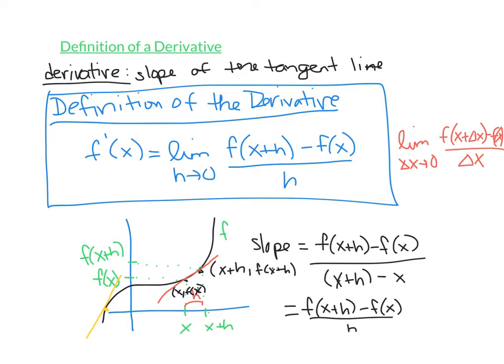So in order to change this secant line to a tangent line, what we want is we want the distance between these 2 points to get smaller and smaller. And actually, the way to get that distance really, really small is to take the limit as h approaches 0. So that's where we come up with that limit up there.